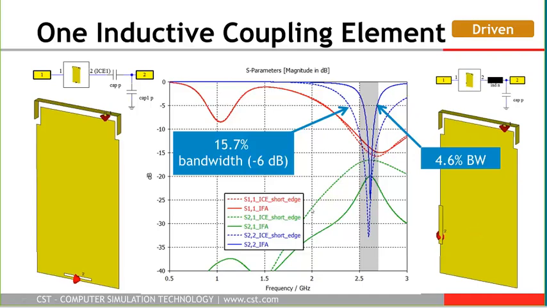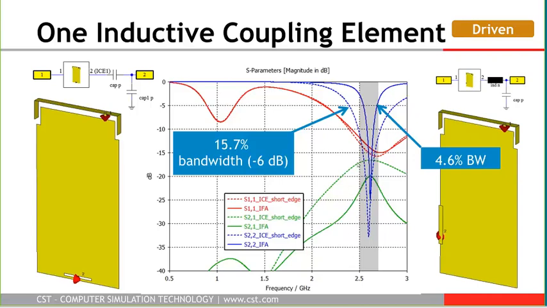So the coupling is shown by a green curve. It is still below minus 16 dB, so it will be probably okay. The antenna will work fine, there will be no problem.